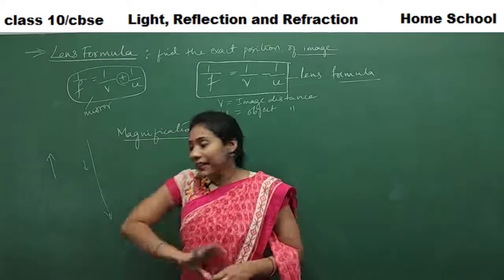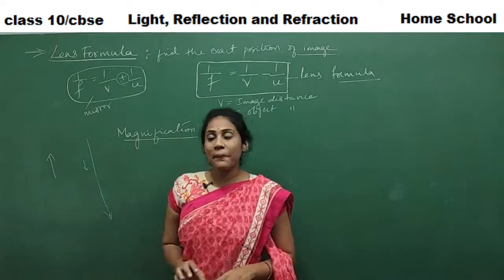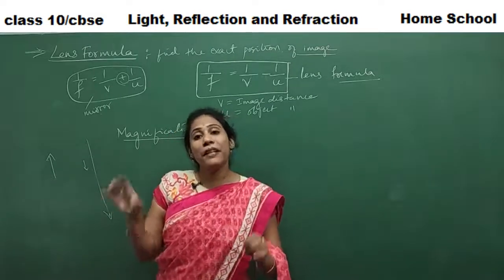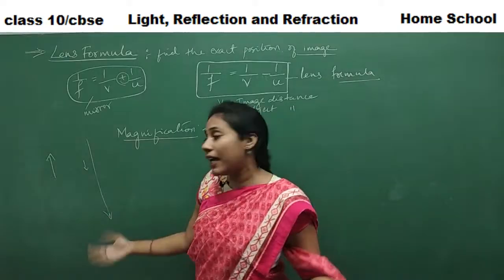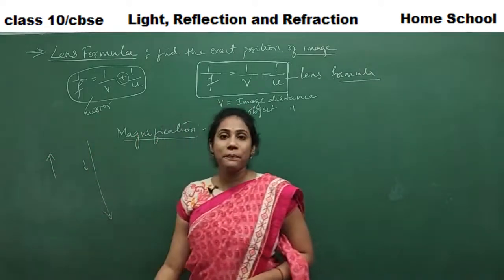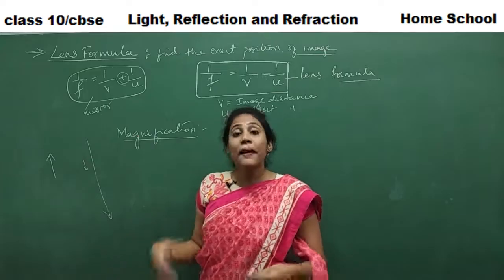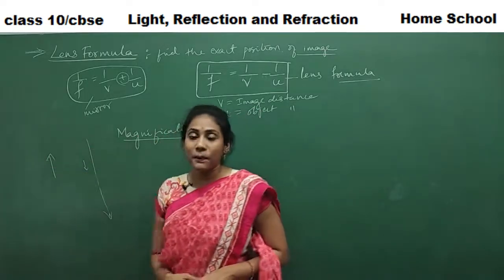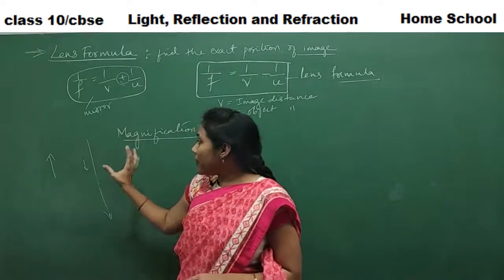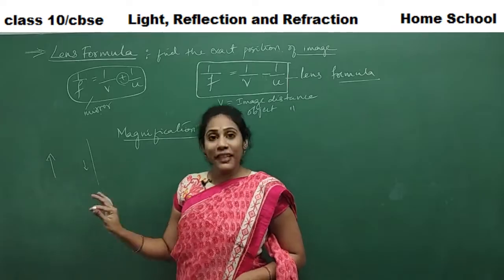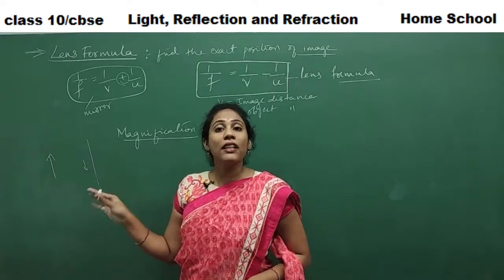Magnification is how many times the image size has become smaller or bigger compared to the original size of the object. It is a comparison between the size of the image and the object.